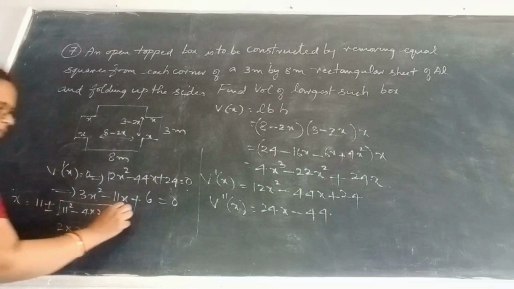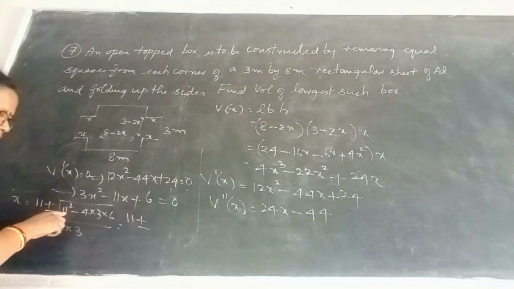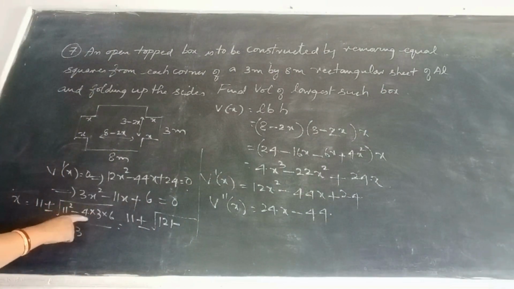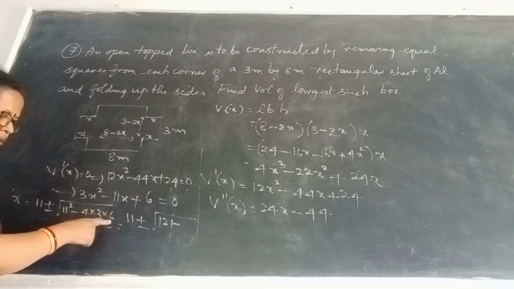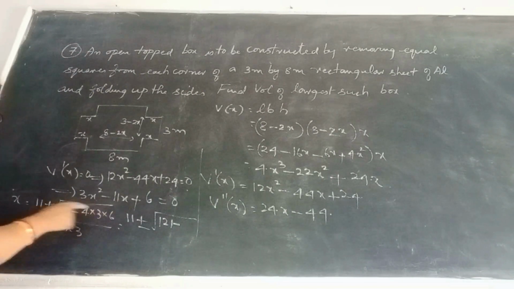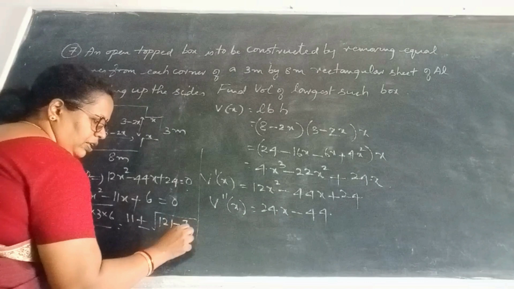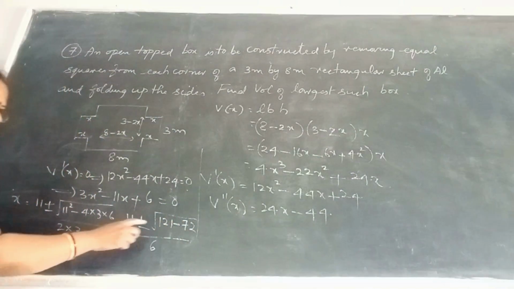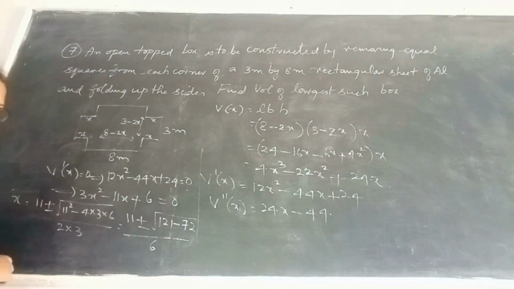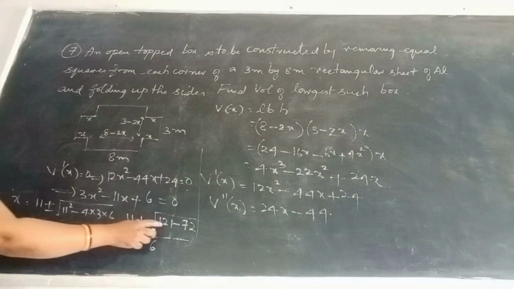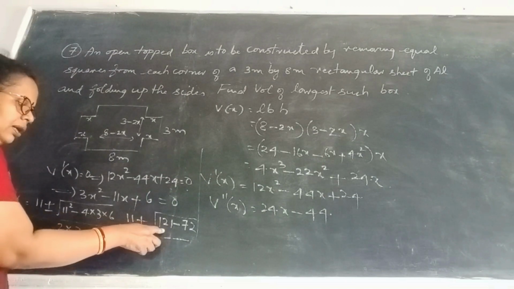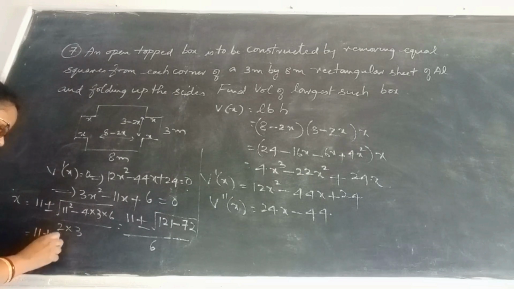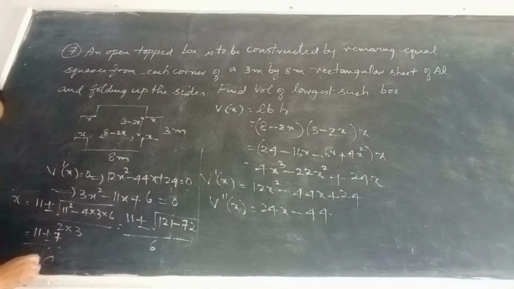Simplify. 11 squared is 121, minus 4 into 3 into 6: 4 into 3 is 12, 12 into 6 is 72. So 121 minus 72 is 49, and root 49 is 7. So it is 11 plus or minus 7 divided by 6.